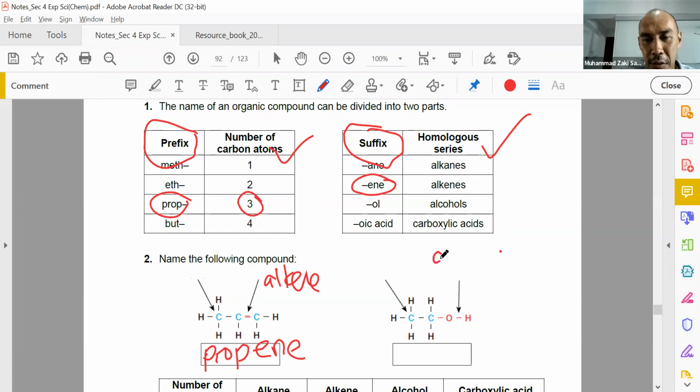Next, how about this one? This is an alcohol, because of the OH group here. So what is the name of this alcohol? Who wants to try? Jaen, are you there?